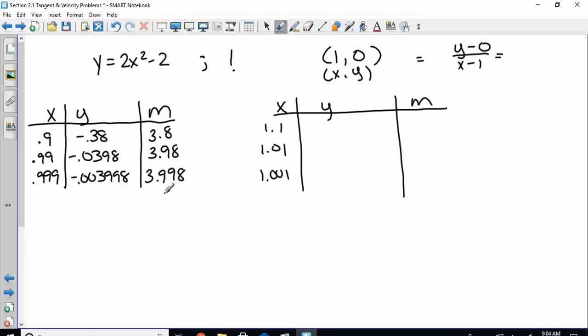So then we need to look at what value this is approaching. 4. So what I want you to do is then you do the second table and check if it's also approaching 4, then we can say that overall it's a 4. But you have to do both tables. Does that make sense to everybody? So that's what you're doing on problems 1 and 2.